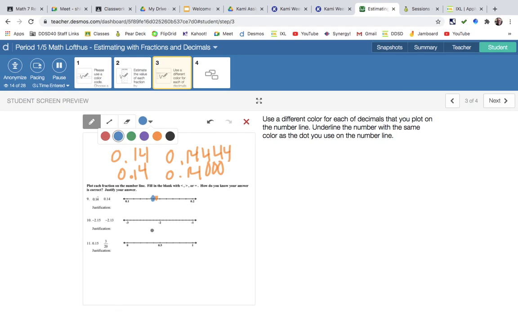Negative 2.15 would be, sorry, it's so small, be right about there. And we'll make the orange one not quite as far from 0. And 0.15 would be right there.